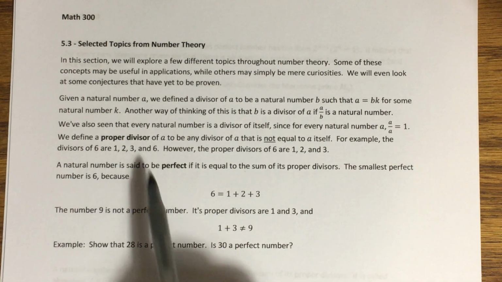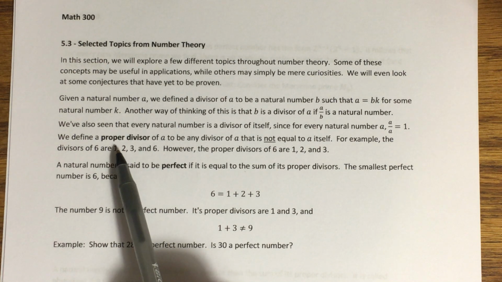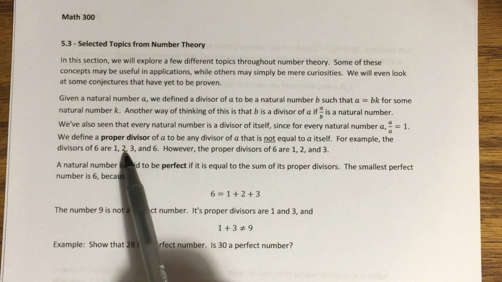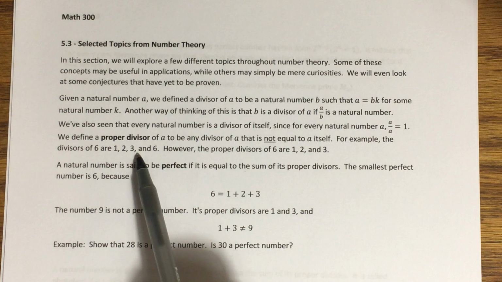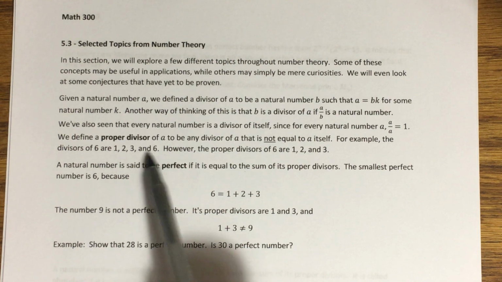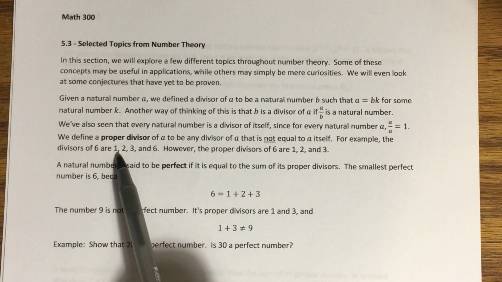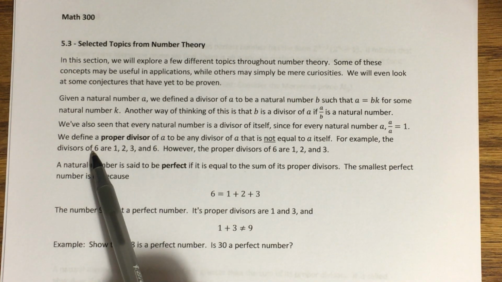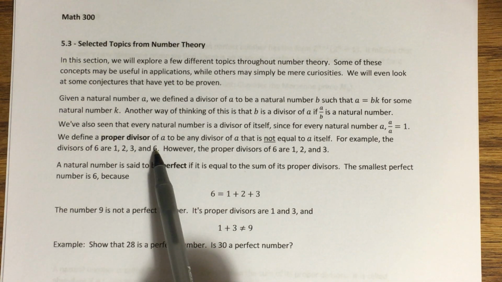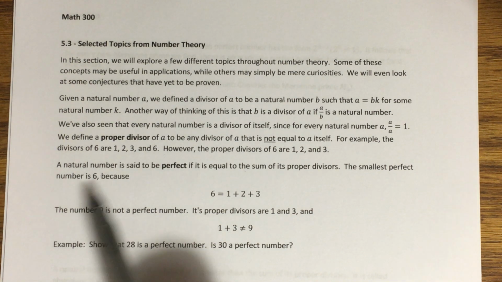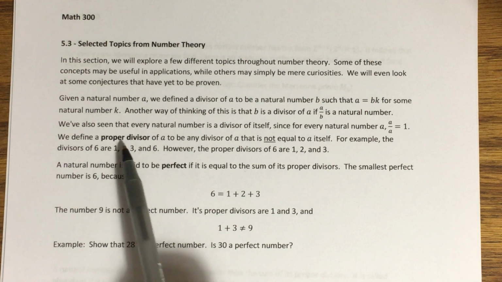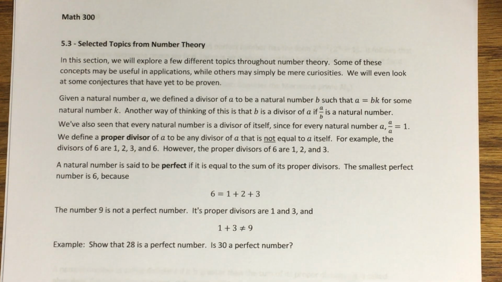The divisors of 6, or the factors of 6, are 1, 2, 3, and 6. This is very easy to verify, and we've done this before. 1, 2, and 3 are going to be the proper divisors of 6. 6 is not a proper divisor because it's equal to the number itself. So that's what we mean when we're talking about a proper divisor.